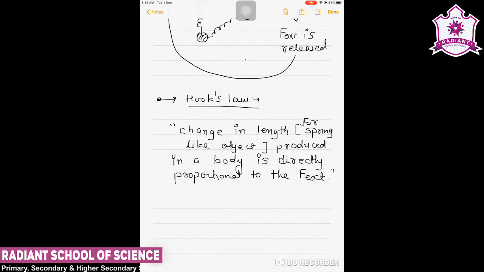If we say the displacement or change in length is delta x, then delta x is directly proportional to F. So this F external is directly proportional to the change in length, and vice versa is possible.